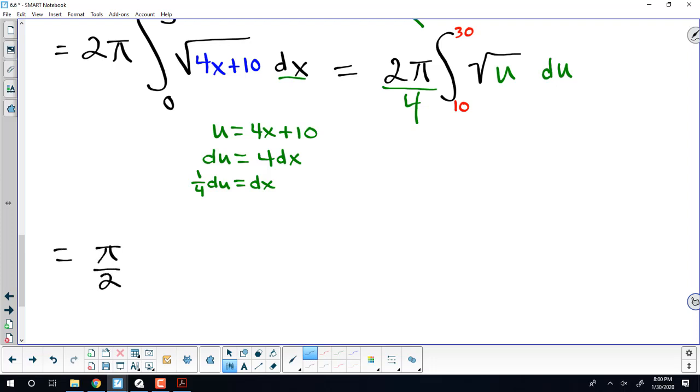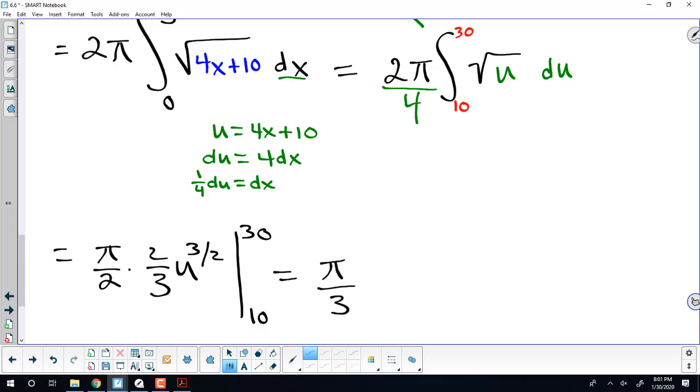So we get pi over 2 times 2/3 u to the 3/2 from 10 to 30. So we have pi over 3 times 30 to the 3/2 minus 10 to the 3/2.